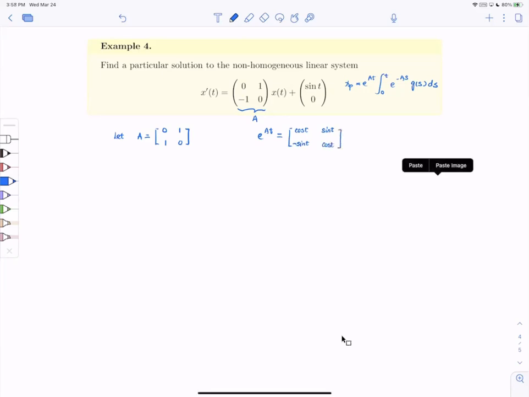Okay, and then you can use this formula, and that's going to give you e to the At, and from 0 to t, and then e to the negative As times g(s), so g(t) is this, so sine s, 0, and then ds.